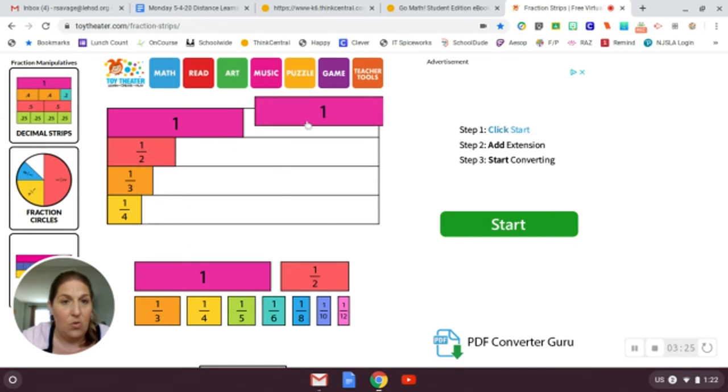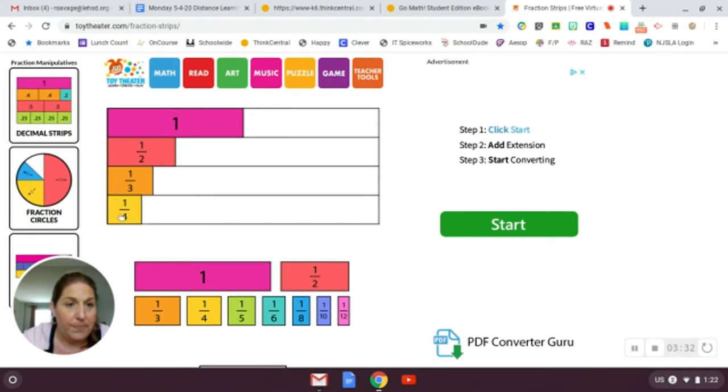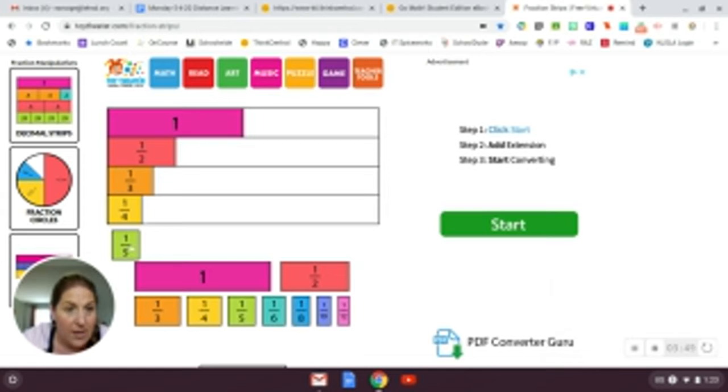Okay, if you have two wholes, these become something different. But I don't want to worry about two wholes. Now, if we were doing these in class, this bar will only let me go down 4. If we were doing these in class, we would list all these going down. Then we would put, so we did 1, 1/2, 1/3, 1/4. We would stick 1/5 down there.